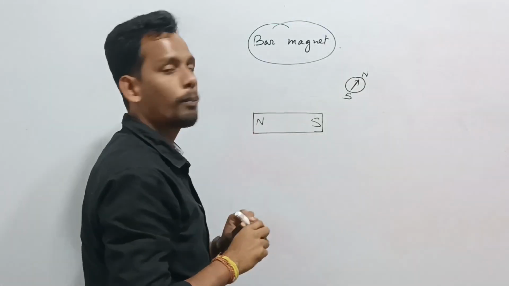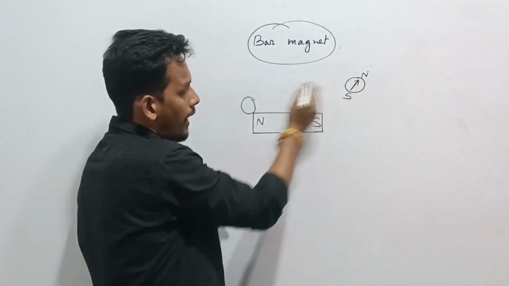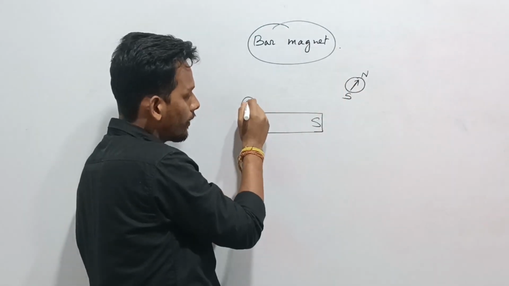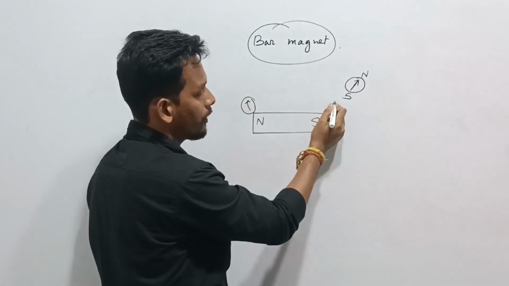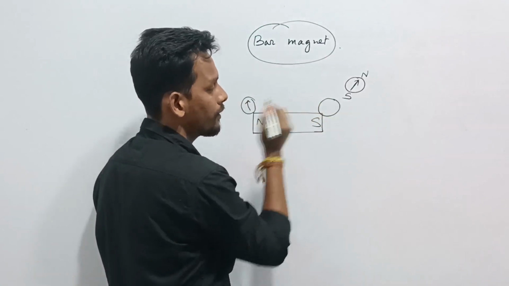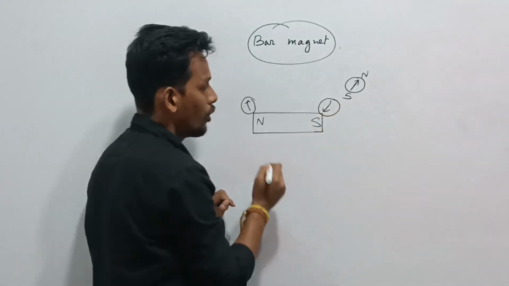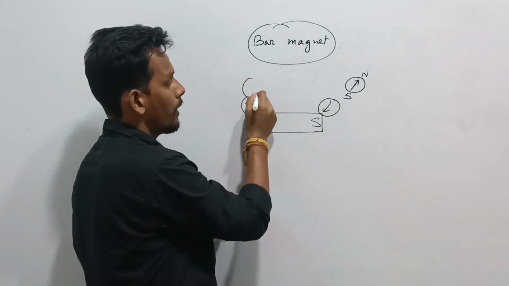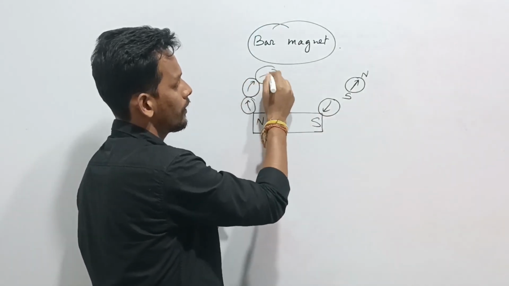If a compass is kept in this region, the arrow will point like this. If you keep a compass in another region, the direction will be like this. If you keep another compass here, it will show a direction like this.